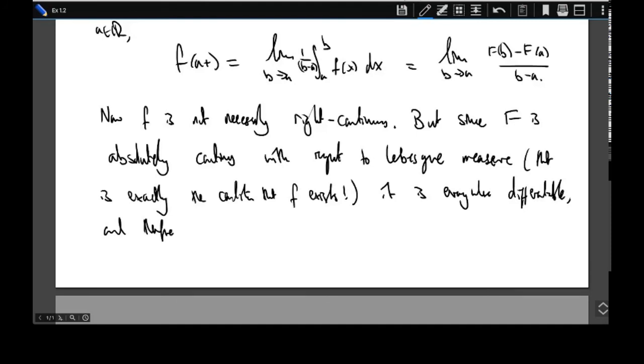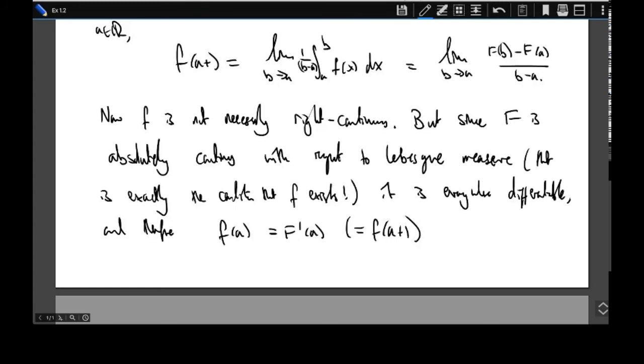And therefore, f at a point is equal to the derivative of capital F at a point, which is by definition also equal to f(a+). That's just the definition of the derivative of capital F at a point, given by this limit here, what we just described as being equal to little f at a plus, from the mean value theorem.